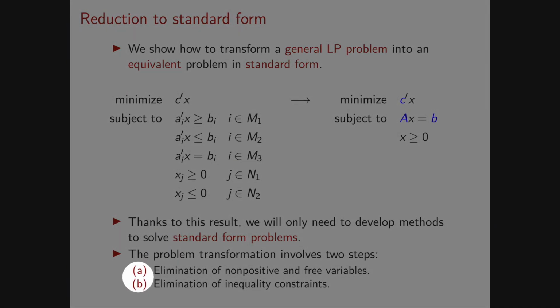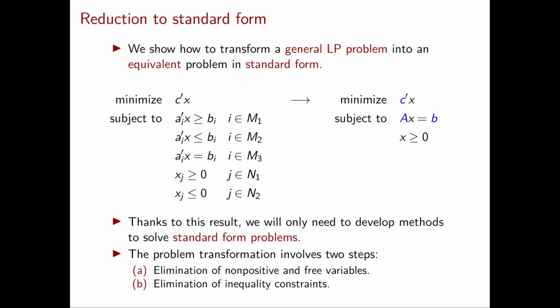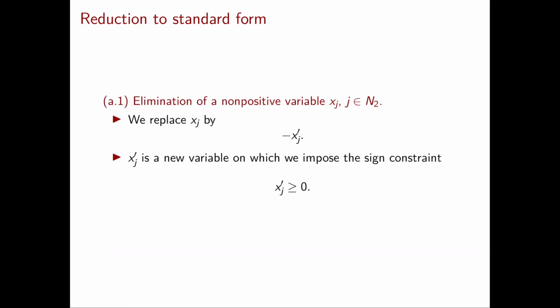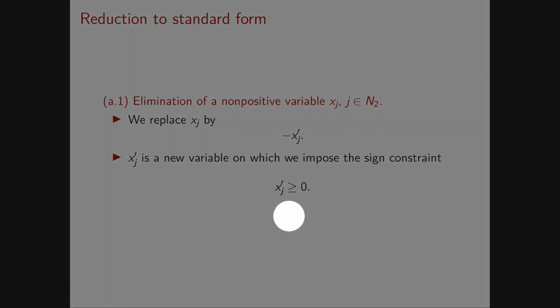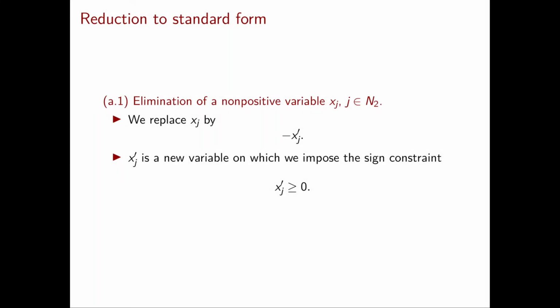So then this is our laundry list. First, in point A, we want to eliminate the non-positive and free variables, and then in point B, we want to eliminate the inequality constraints. So let's start with the elimination of the non-positive variables. These are the variables xj for j in N2, which appear in our formulation with xj less than or equal to 0.